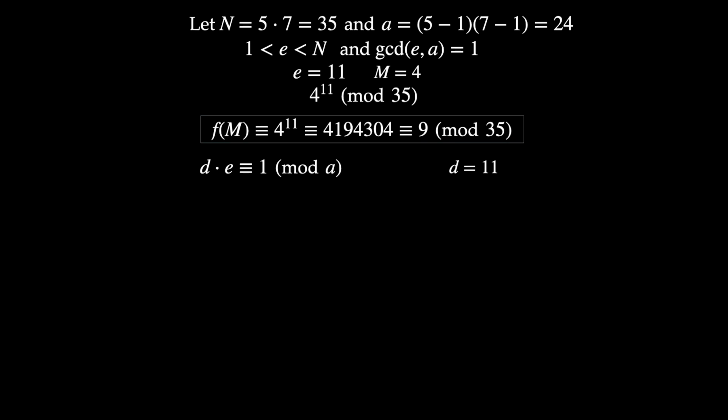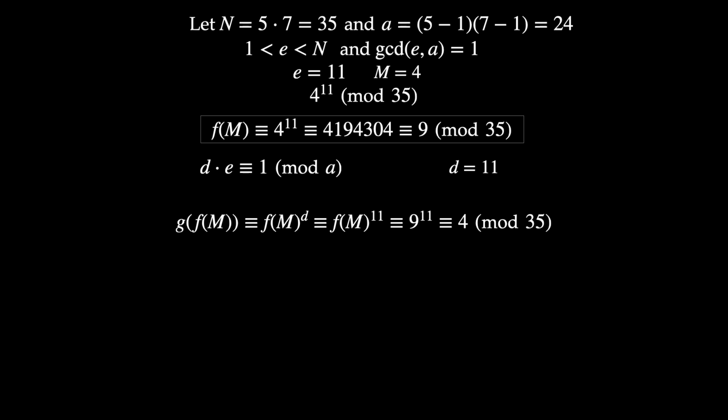So now, to decrypt the message that Alice has sent using our encryption function, which outputted 9, he applies a decryption function by taking whatever came out of the encryption function and raising it to the power d.